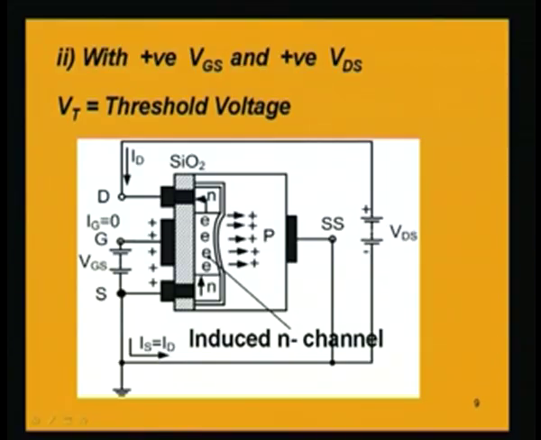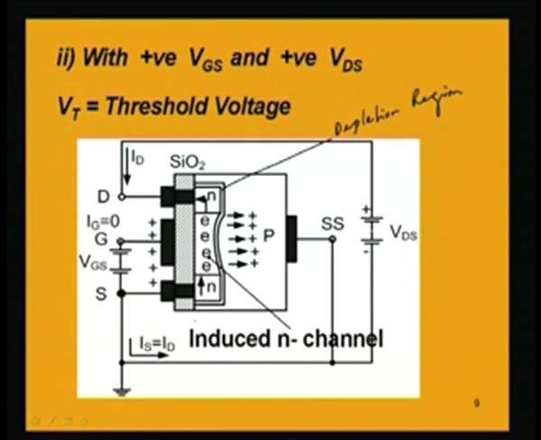So, there will be a depletion region near the region from where the holes are pushed away. This is denoted by this region, that is, the depletion region. Here basically the holes are not there, so there will be uncovering of the immobile charges. So, this is the depletion region.